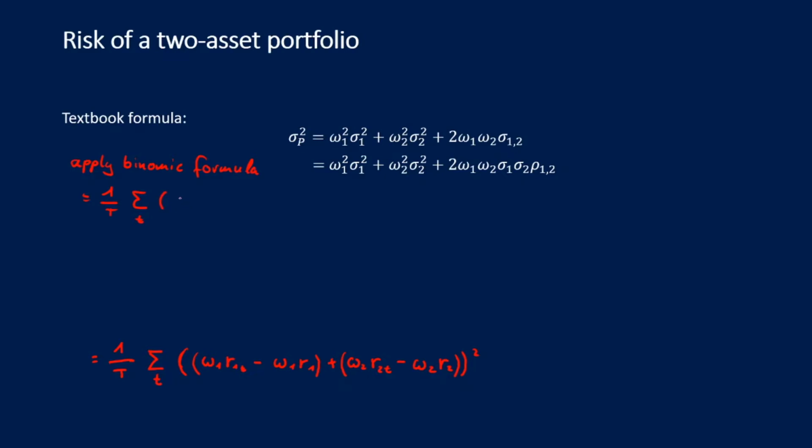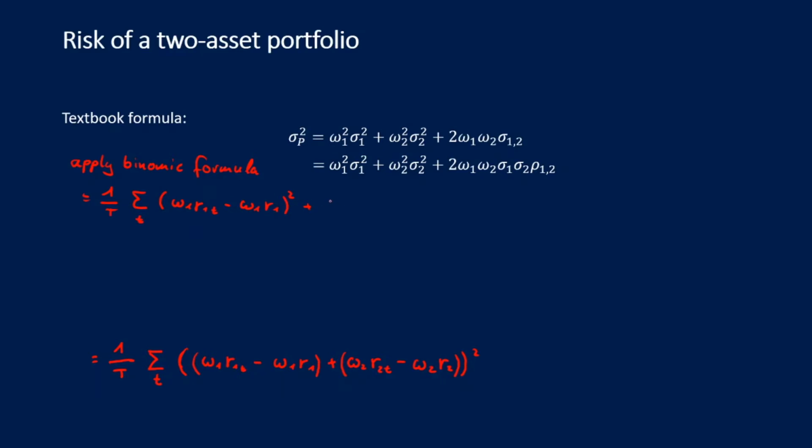How do we do that? By W1 R1t minus W1 R1 squared. So this is the first part of the binomic formula.